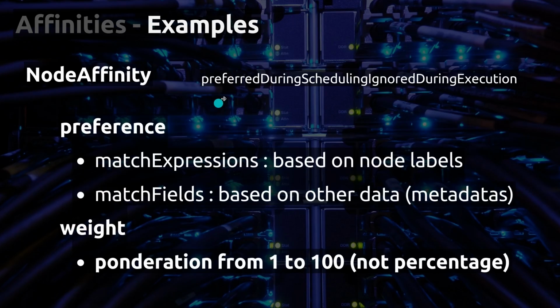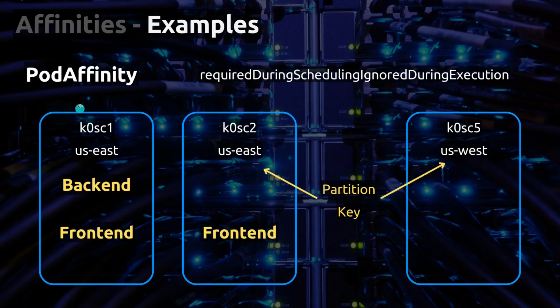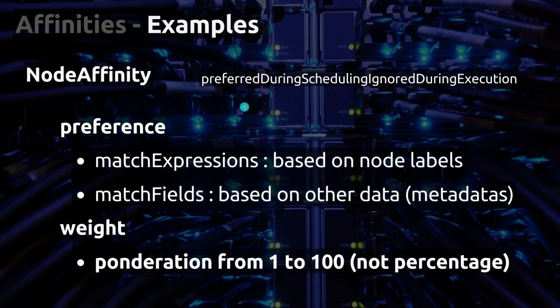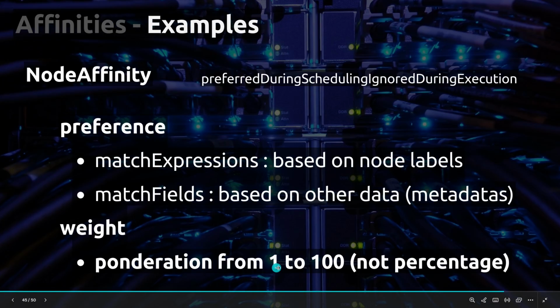Into it, you have the required, but you can have the preferred. So it's a little bit different. For preferred, you need to set the preference based on match expression or match field, like we already saw. And you need to add the weight. This is a ponderation from 1 to 100.